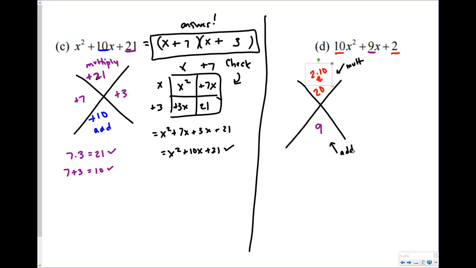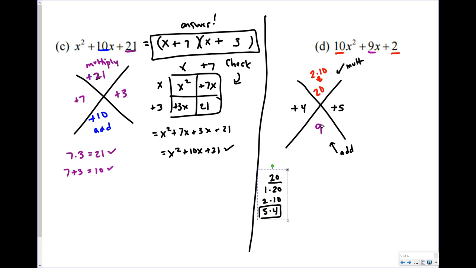Okay, so I'm going to write out my 20, factors of 20. 1 times 20, 2 times 10, 5 times 4. And right there when I see the 5 and the 4, I can see that 5 plus 4 is 9. I have everything's addition, so plus 5 and plus 4 work here. 4 times 5 is 20, and 4 plus 5 is 9, so it works.